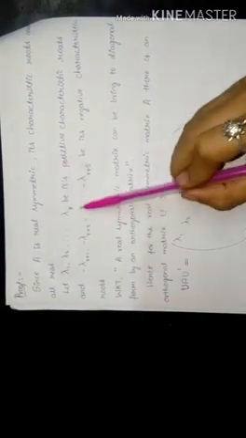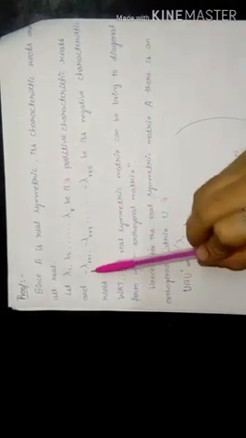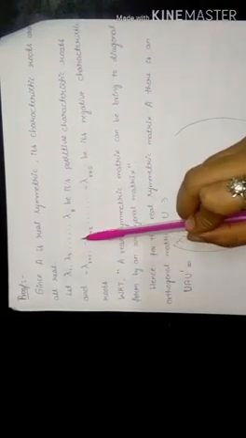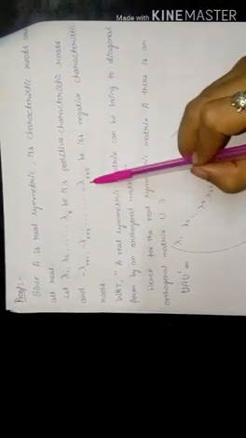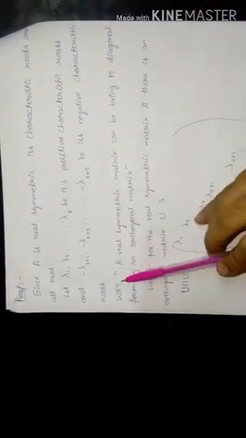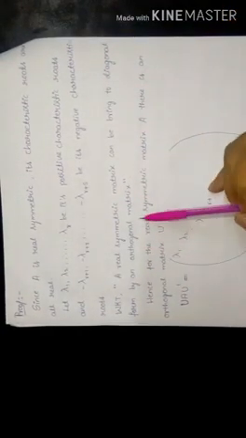Proof: since A is real symmetric, its characteristic roots are real. Let lambda 1, lambda 2, up to lambda r be its positive characteristic roots, and minus lambda r+1, minus lambda r+2, up to minus lambda r+s be its negative characteristic roots. We know that a real symmetric matrix can be brought to diagonal form by an orthogonal matrix.